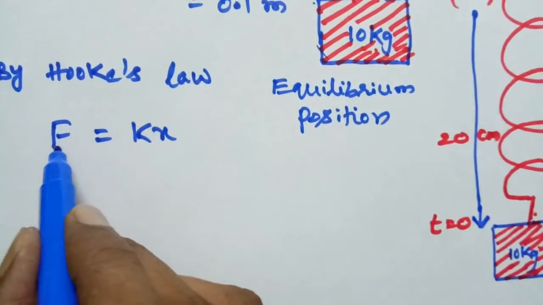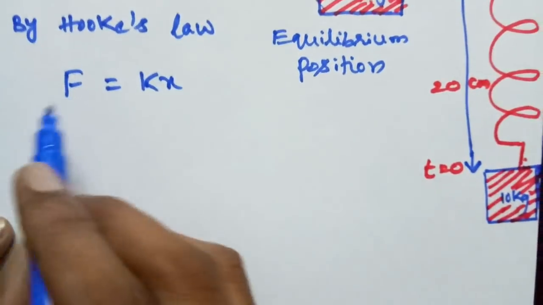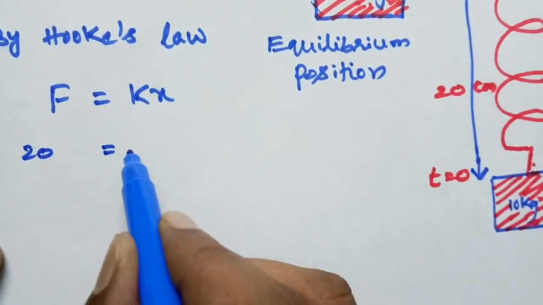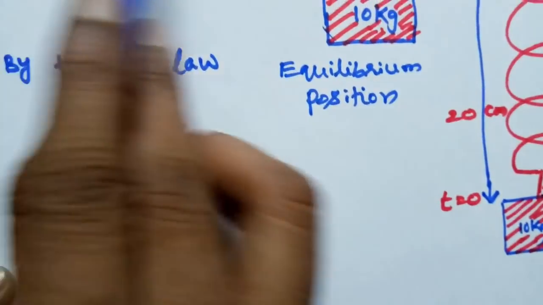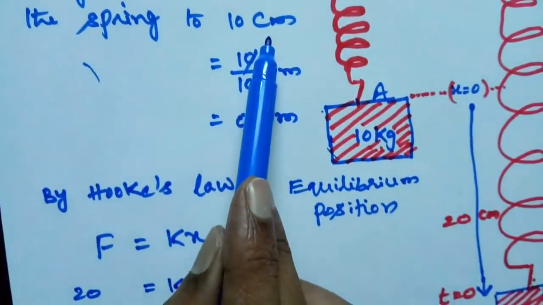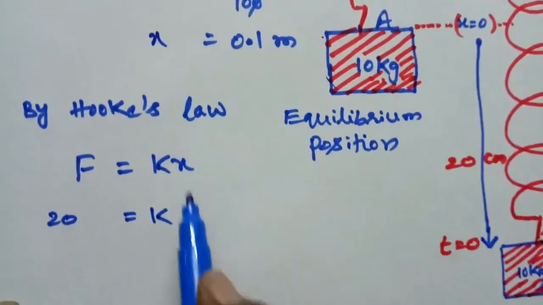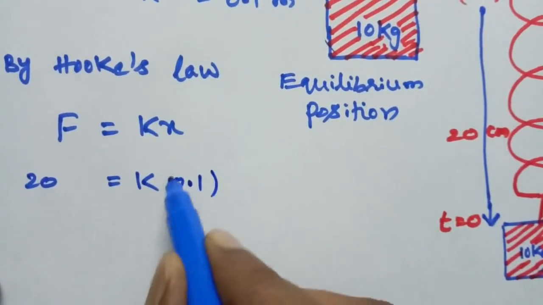Therefore force is weight. Here the weight is given as 20 kg. 20 kg weight is the force, and K we have to find, and x is given: the weight will stretch the spring 10 centimeters, x equal to 10 centimeters means 0.1 meter.